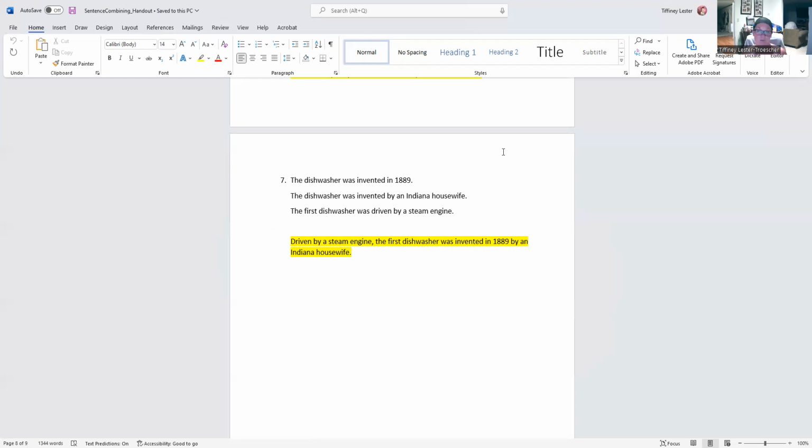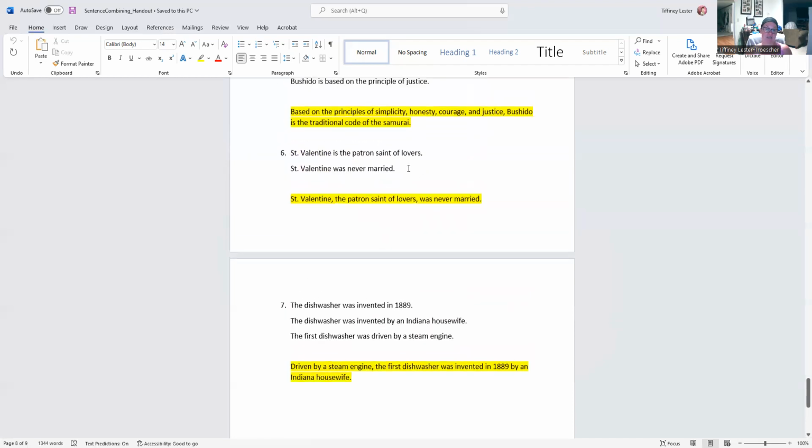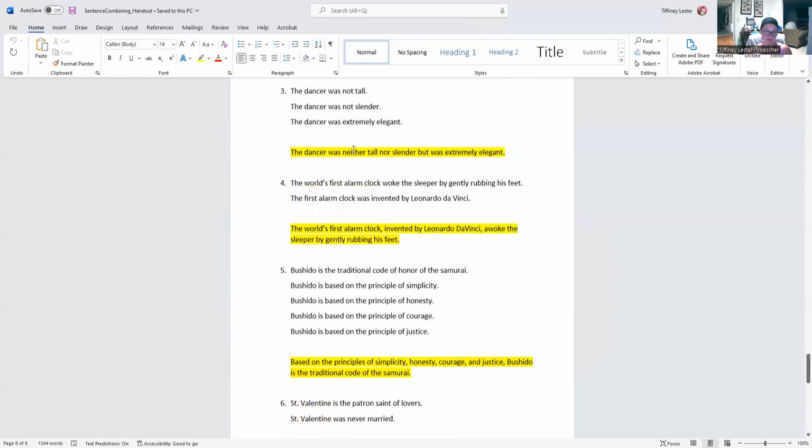One thing I want to point out before we end is this. If you're doing what I was trying to show you here in the example, where you look at the information in each sentence, right?